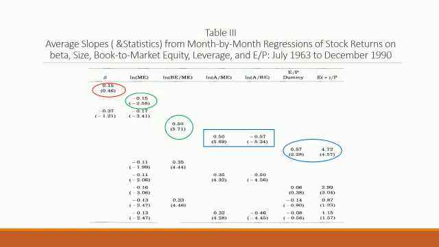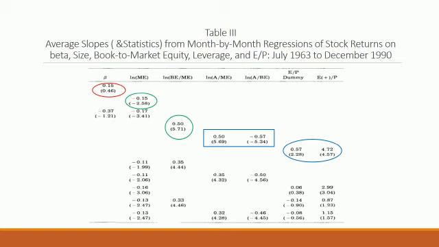The averages in table 3 say that size, which is ln ME, the log of market ME, explains the cross section of average stock returns. Here you can see the average slope from monthly regressions of returns on size alone is negative 0.15% with a t-statistic of negative 2.58. In the green circle you can see this reliable negative relation persists no matter which explanatory variables are in the regression.